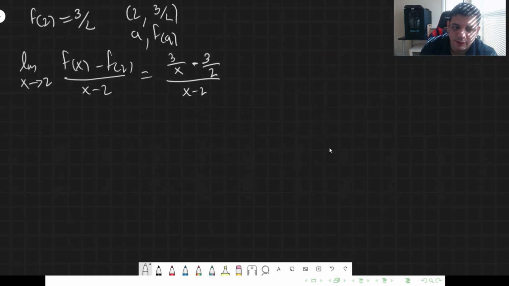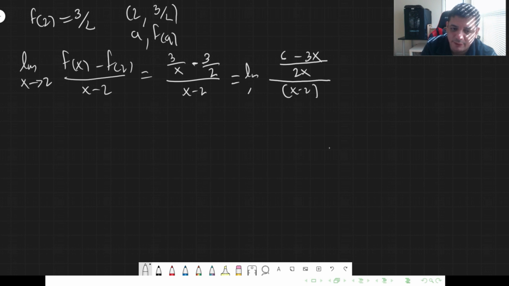Okay. And so now I'm going to put this fraction together. This is going to be 6 minus 3x divided by 2x, and everything is going to be divided by x minus 2. And this is the limit when x goes to 2.